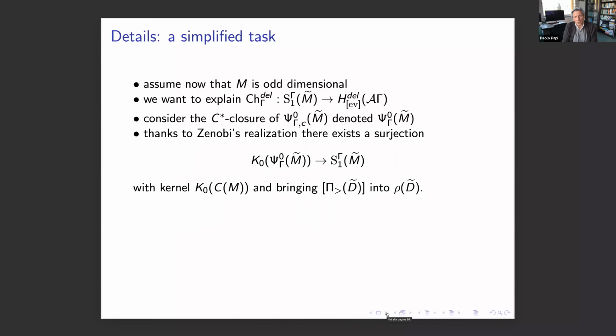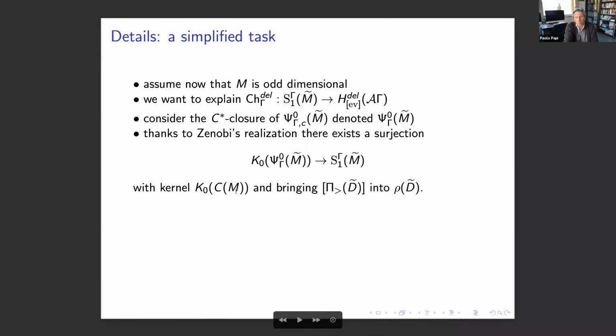It follows from Zenobi's realization of the surgery sequence that there is a surjection from the K-theory of this algebra to the analytic structure group, this S1 gamma, and the kernel is this K-theory group.